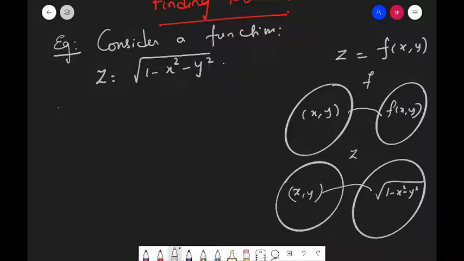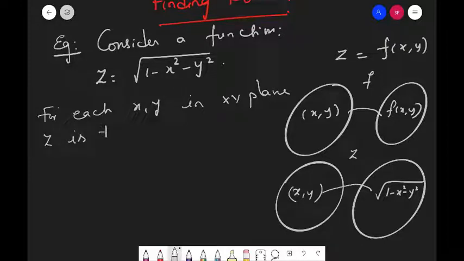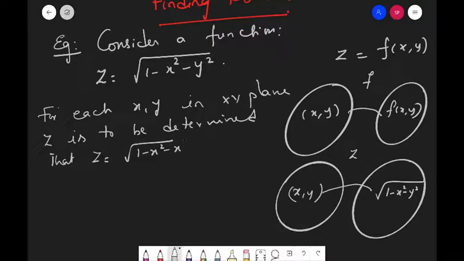Now we have to find the domain. For each x comma y in the xy plane, z is to be determined as z equal to square root of 1 minus x square minus y square.